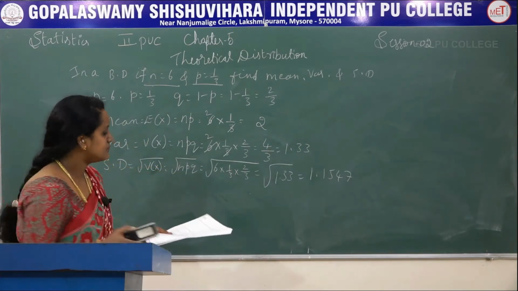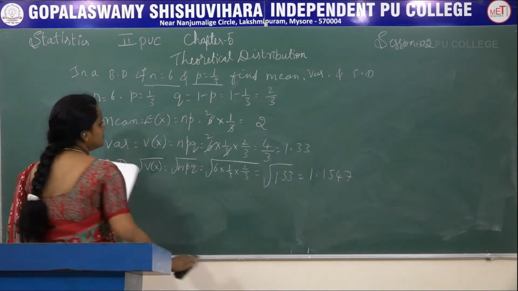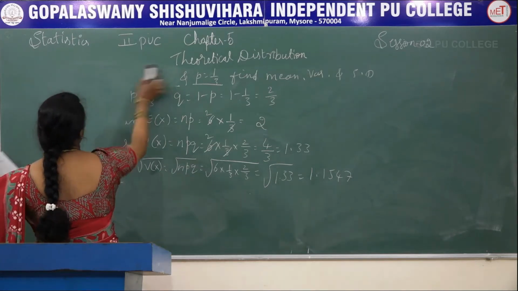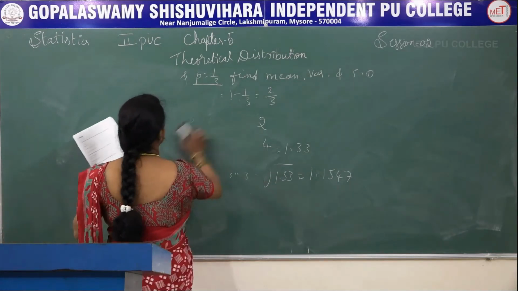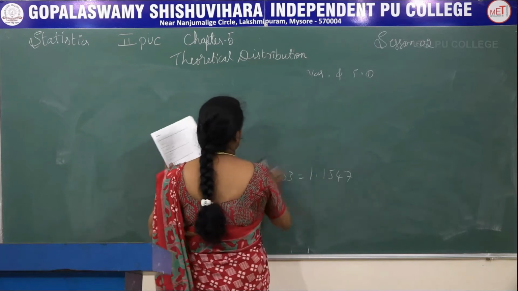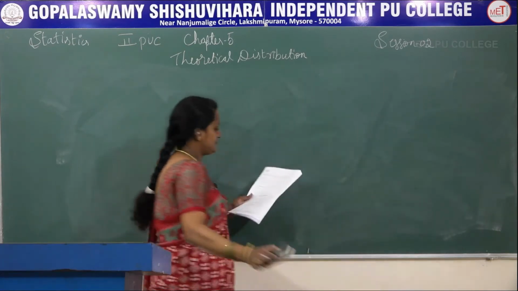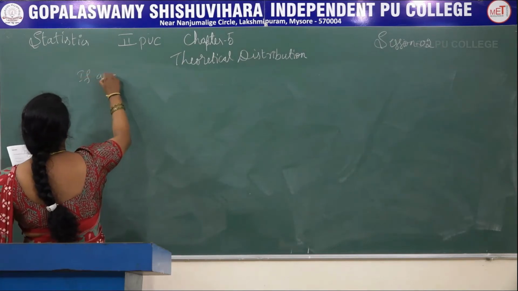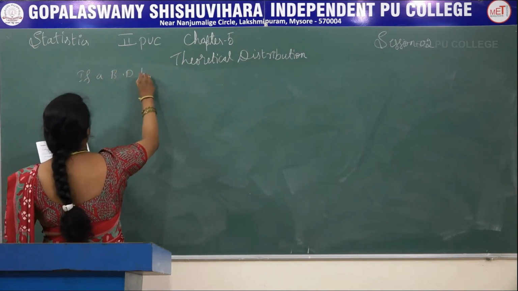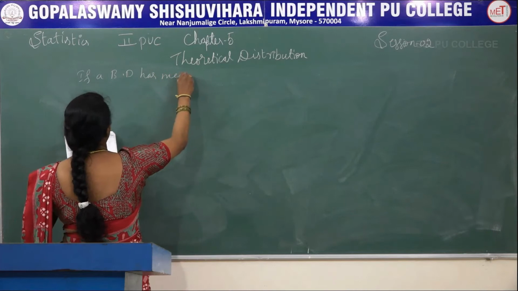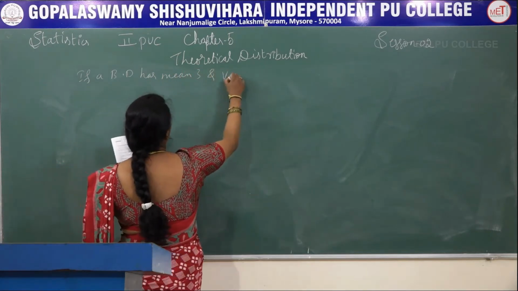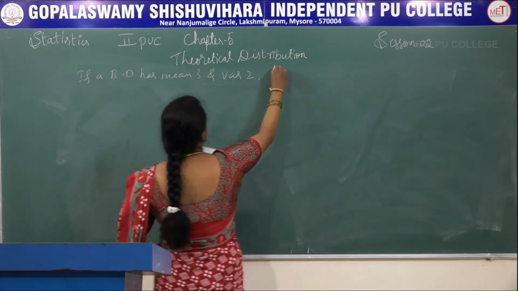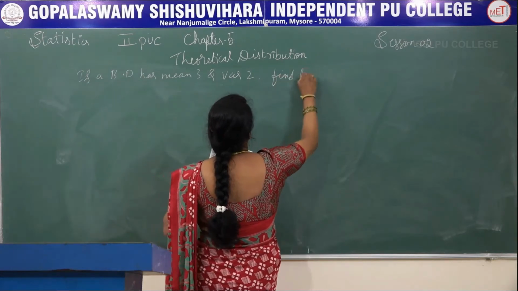Okay. Next one. If a binomial distribution has mean 3 and variance 2, find the parameters.